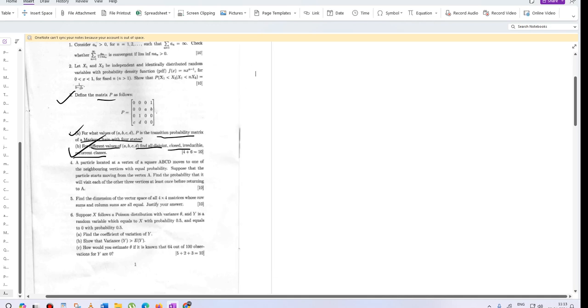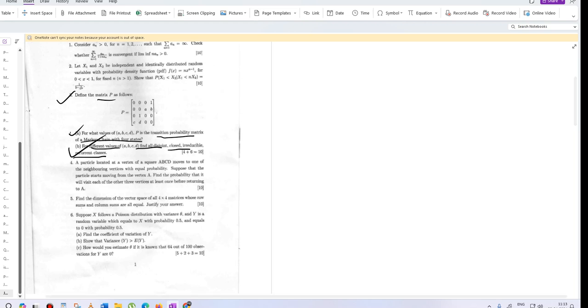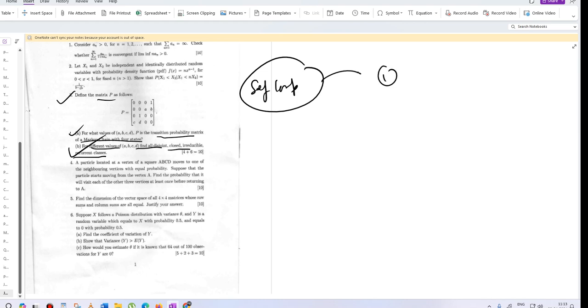We have the following. State 1 is the absorbing state, as there is a self loop: the transition probability from state 1 to state 1 is 1, and there is no transition from the other states to state 1, so that is 0.